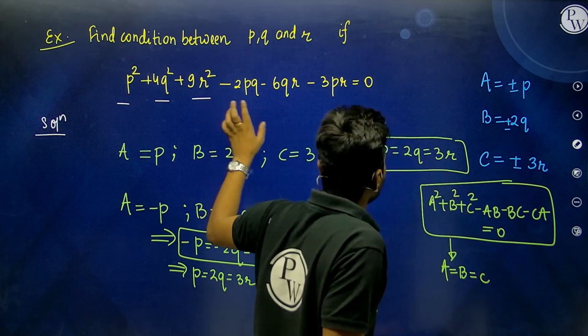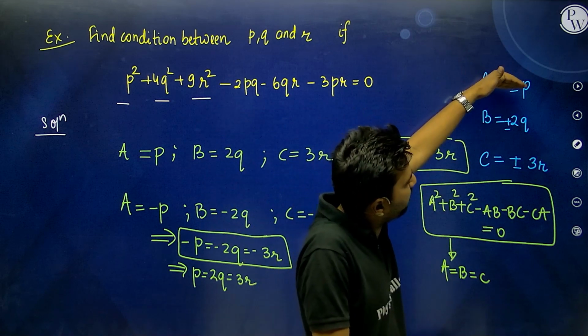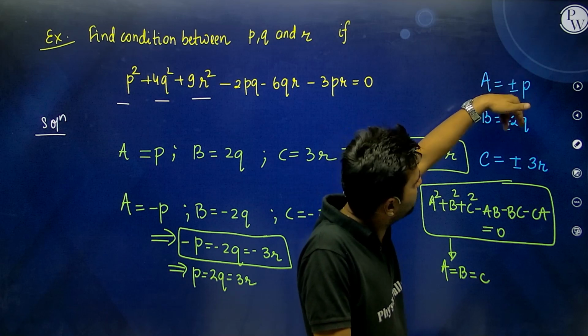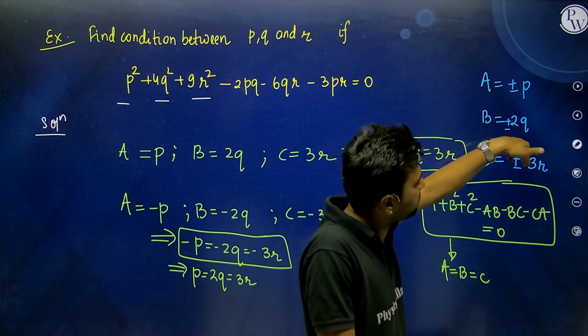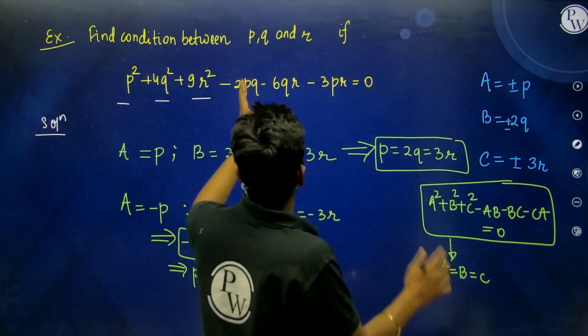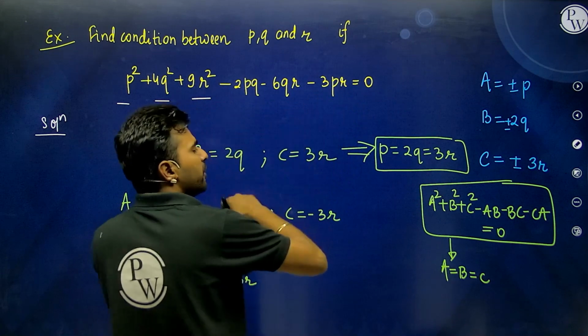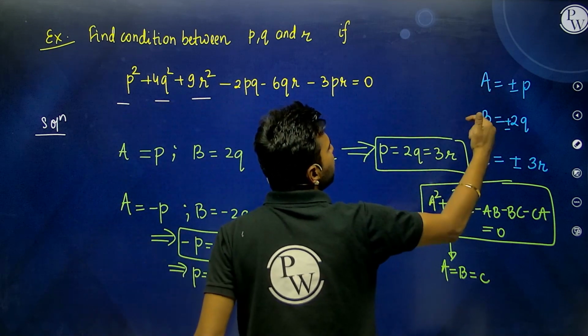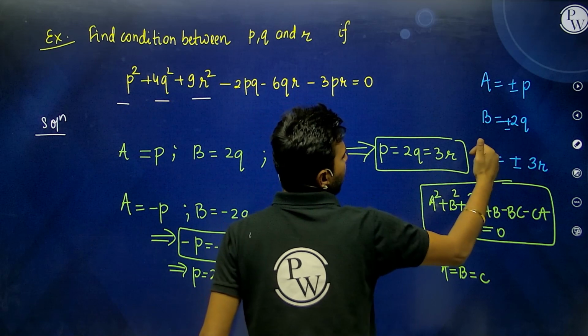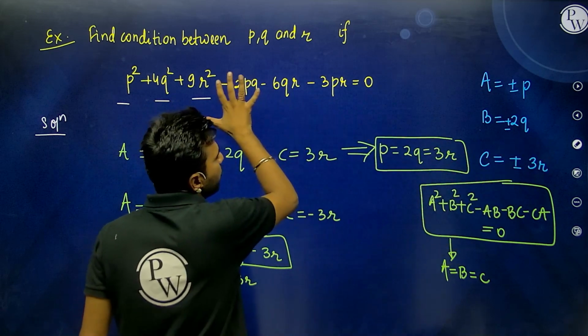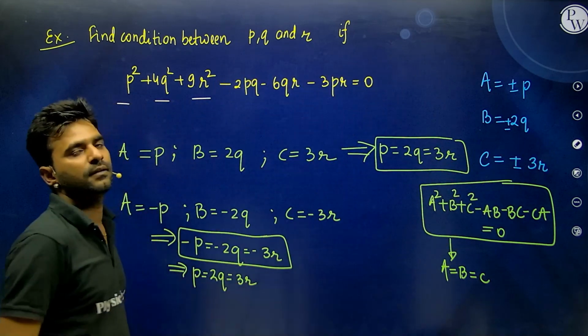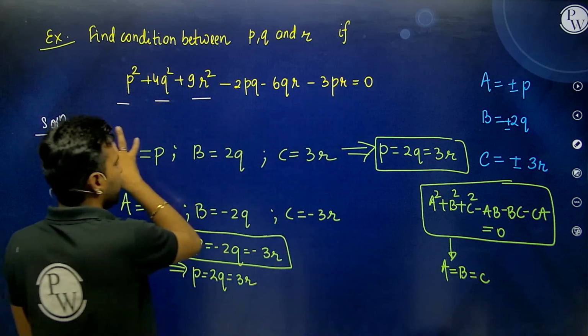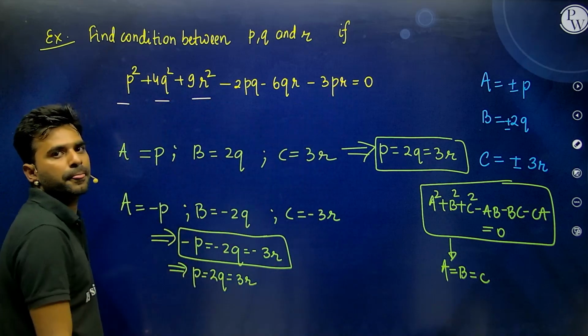Yes or no? But whether we should take the plus sign or the minus sign of each of these will depend upon the remaining terms. So if we take A as plus P, B as plus 2Q, and C as plus 3R, this equation is going to get satisfied. That's why I have taken A, B, and C like this.